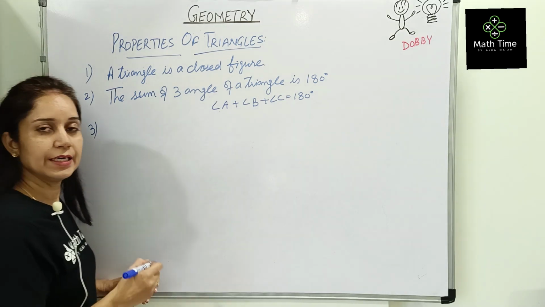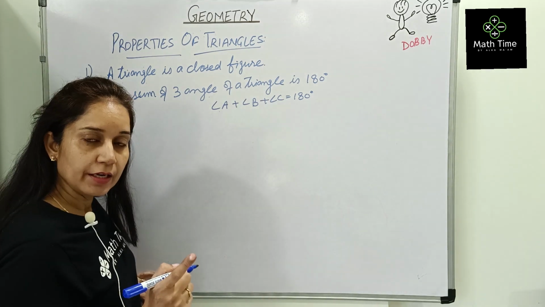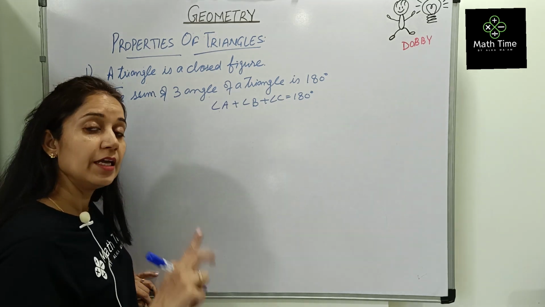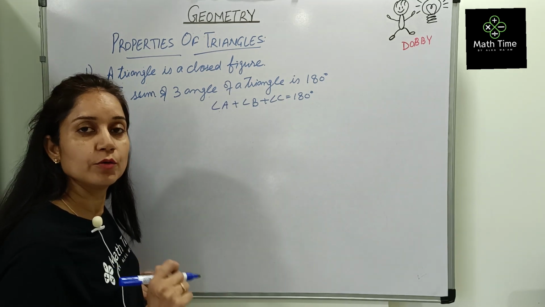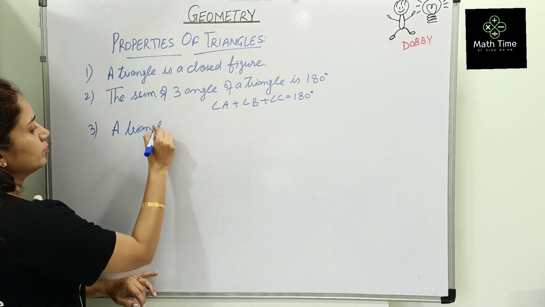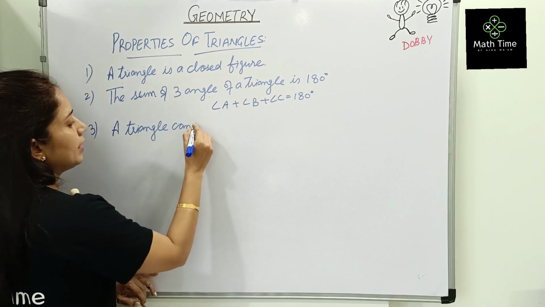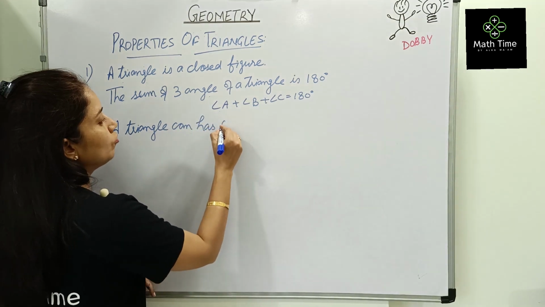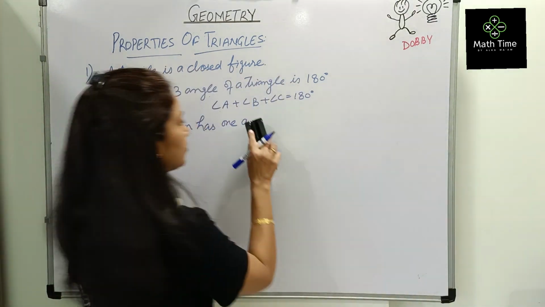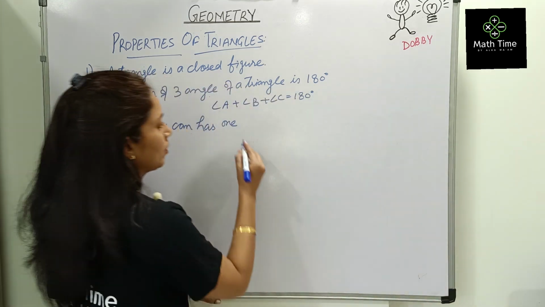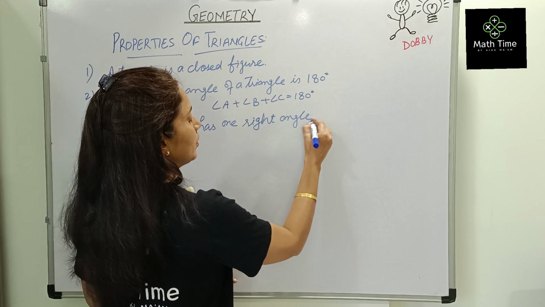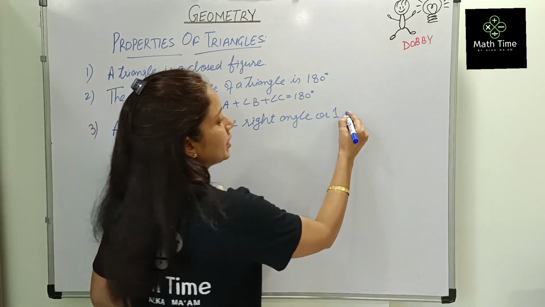Now the third property tells us, in a triangle there can be one right angle or one obtuse angle, and the rest two will always be acute angles. A triangle can have one right angle or one obtuse angle.